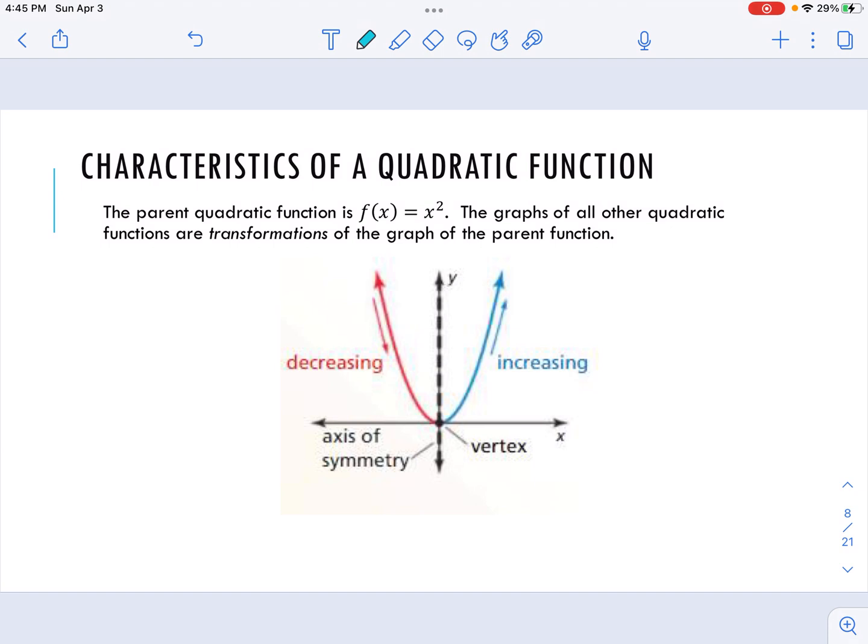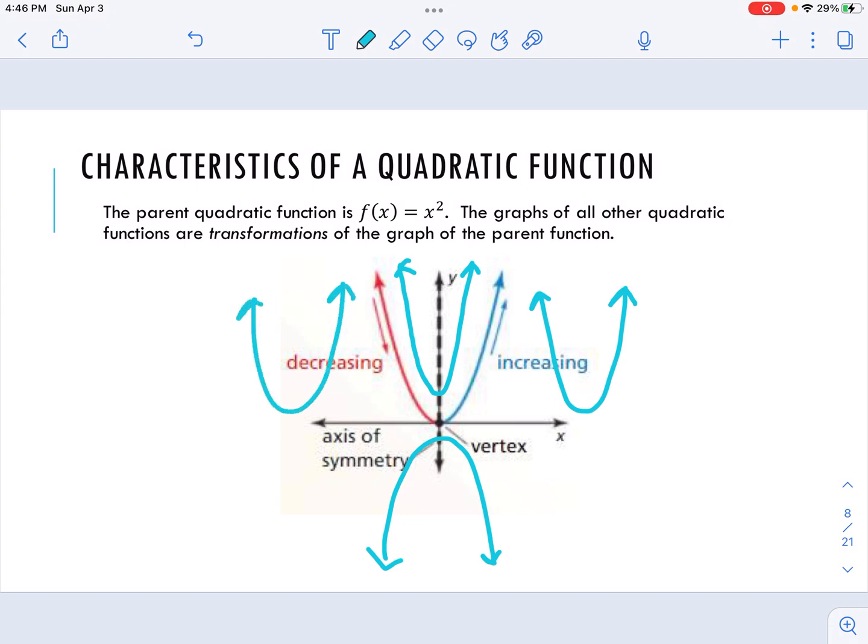So we clearly have a picture of the parent function, f of x equals x squared here drawn. Now, throughout the unit, we might be moving that graph up. We might be reflecting it over the x-axis. We might be sliding it to the right. We might be sliding it to the left. We might be making it wider. We might be making it really narrow.